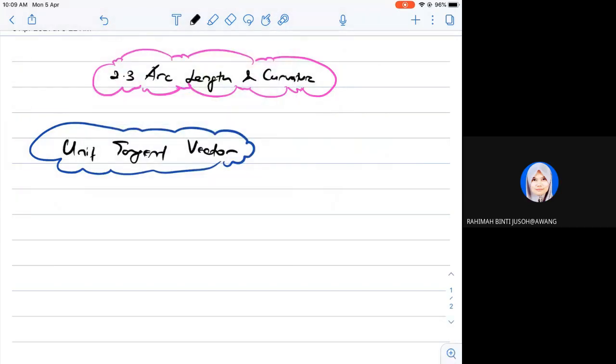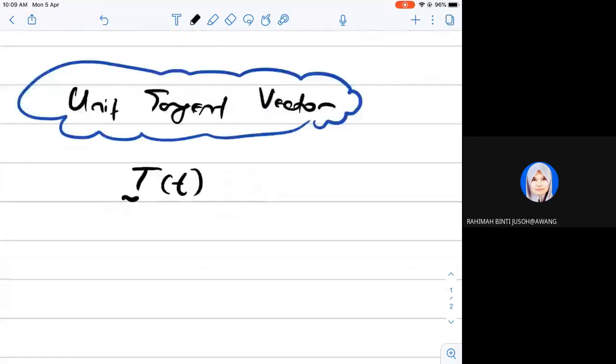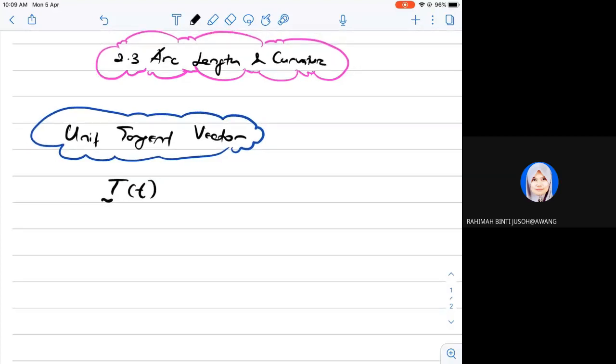Unit tangent vector, we have T. As usual, capital T is the unit tangent vector, and then we have tilde to represent it as a vector. So the formula of unit tangent vector is R prime T divided by magnitude of R prime T. Okay, this is the magnitude symbol.